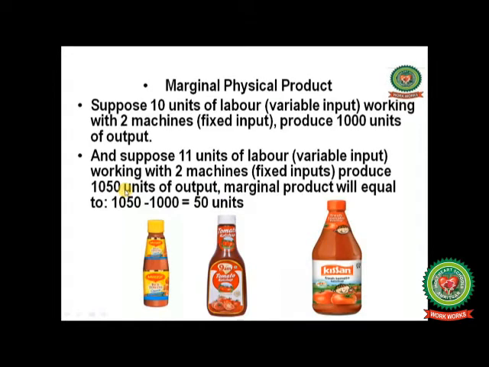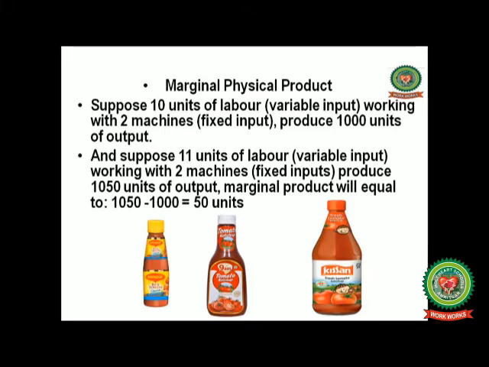Next is marginal physical product. Now again we will continue the same example, that 10 units of laborers with 2 machines and the production is 1000 units. Now suppose we have increased the variable factor, that is units of labor, from 10 to 11 units, and the machine remains the same as a fixed factor to produce the tomato sauce.